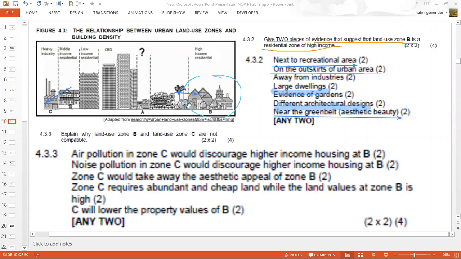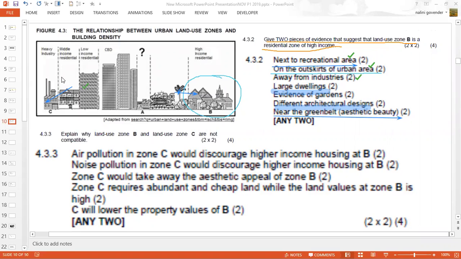What indicates that it's a high income area? Also note, you can be asked this question in the map skills question. You can score your marks there as well. It's near our recreational area, on the outskirts of the urban area. It's far from the industries.